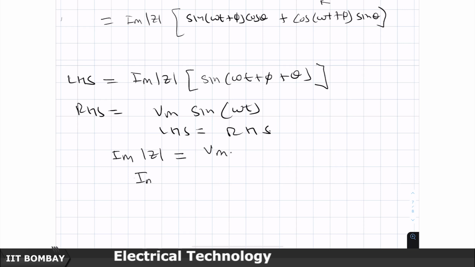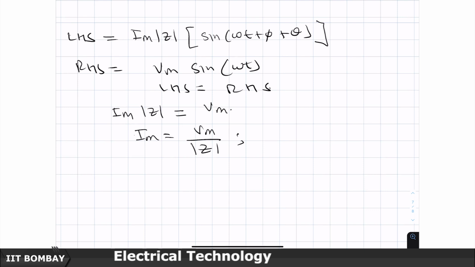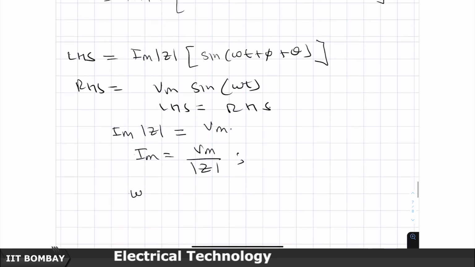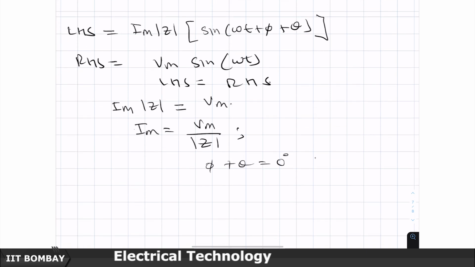In other words, the peak amplitude of the current should be equal to Vm by Z, and this is sin of omega t. So, therefore, phi plus theta should be 0, or in other words, phi should be equal to minus theta.